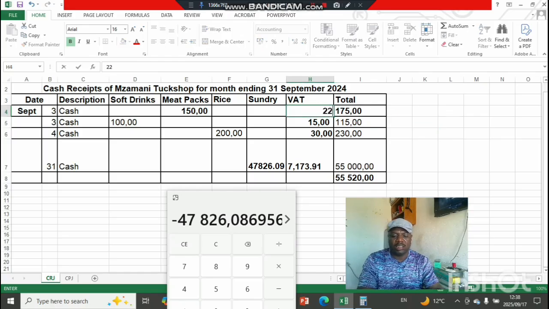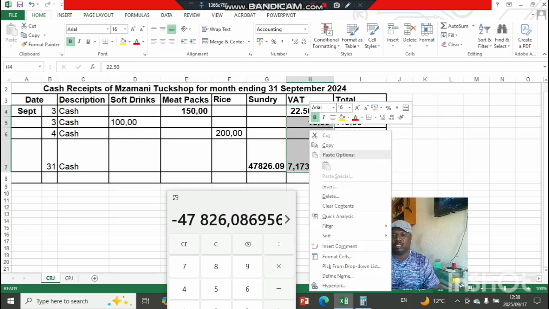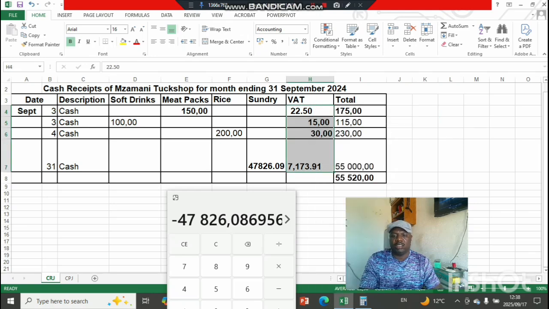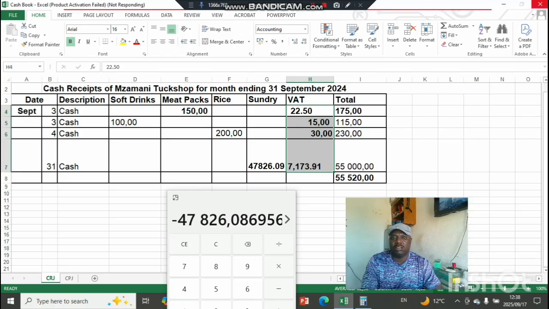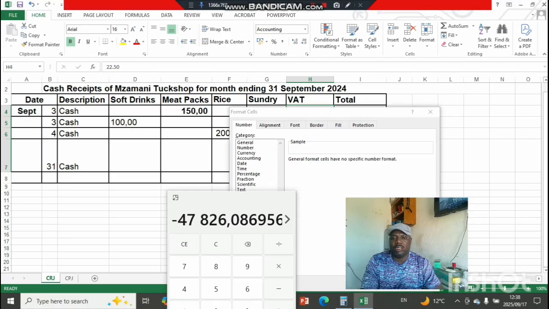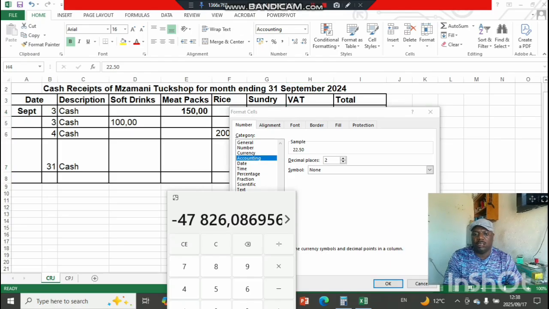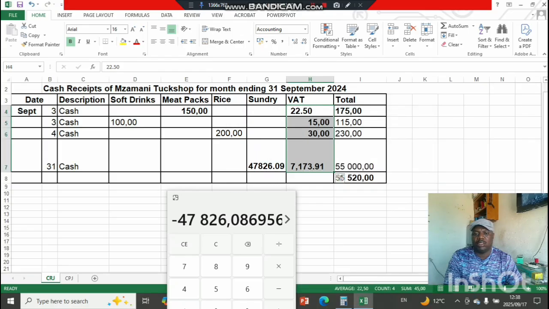Formatting is causing some trouble here. Let me format the numbers. My apology for this. I want accounting with 2 decimals for all of them. There we go. I think it should work.